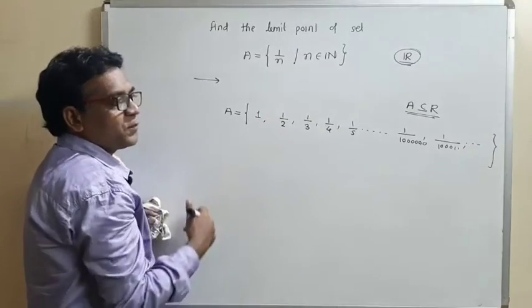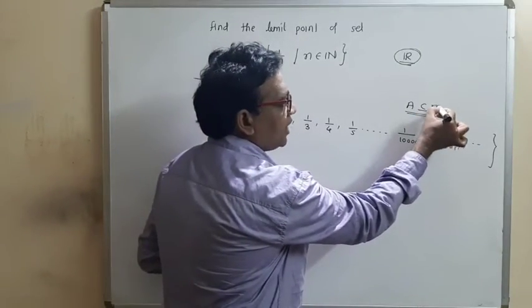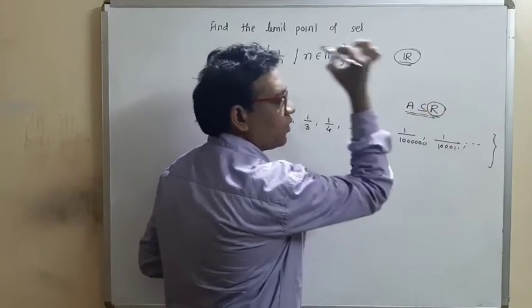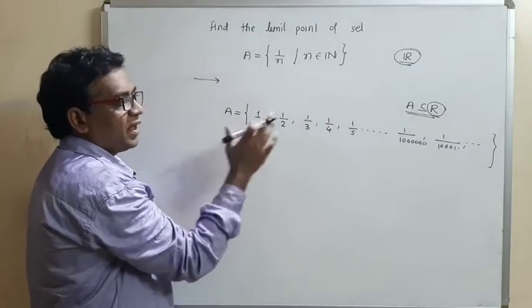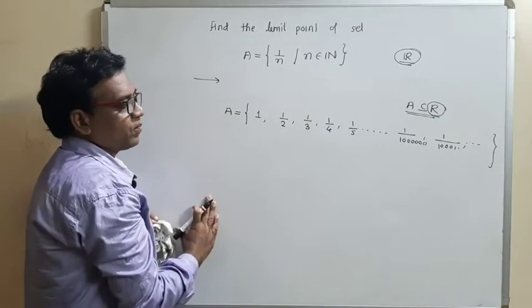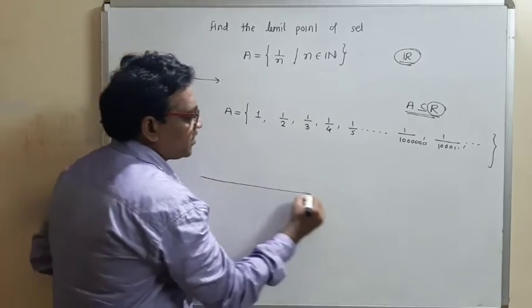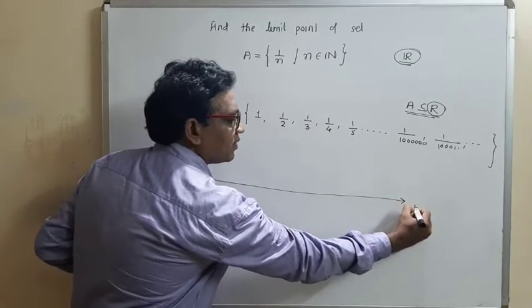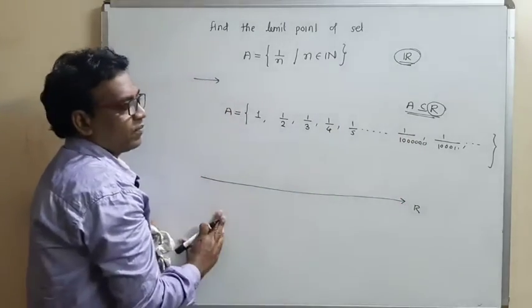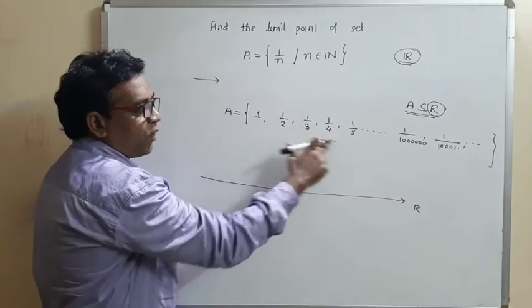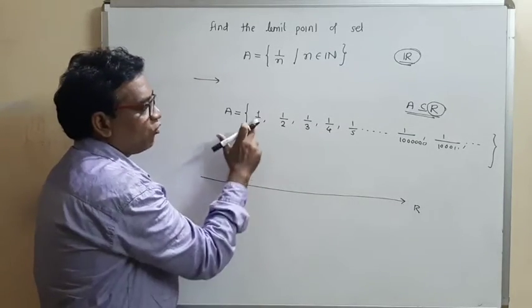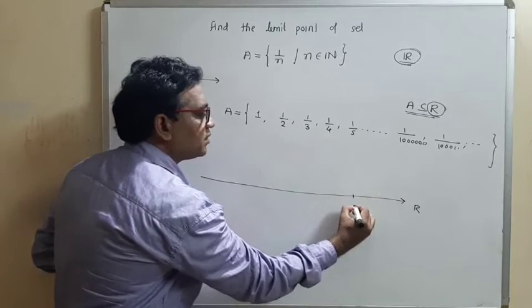Now what is our given space? Our given space is the set of real numbers, and A is a subset of it. Consider this as the real line, our given space R. Now if you plot this, suppose this is the point 1.